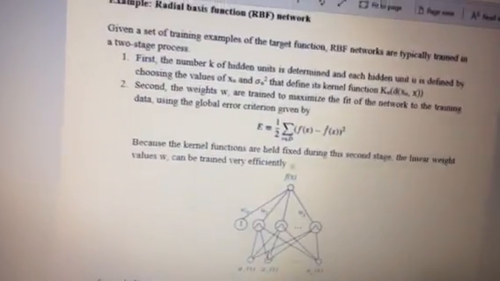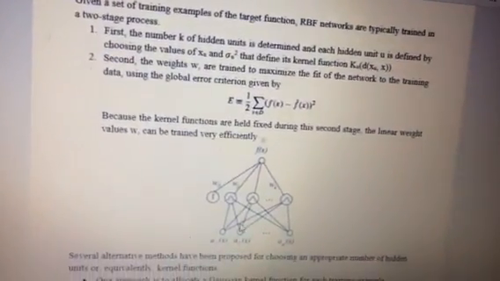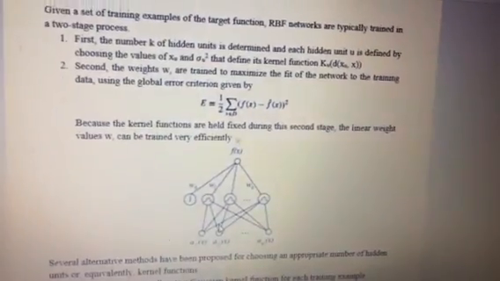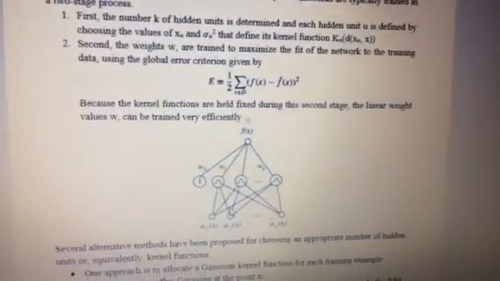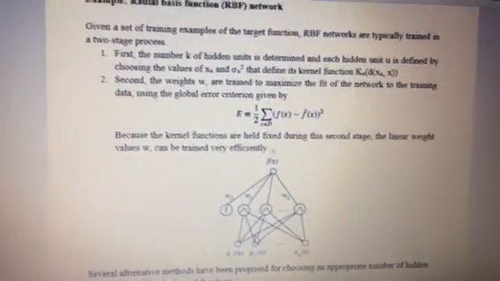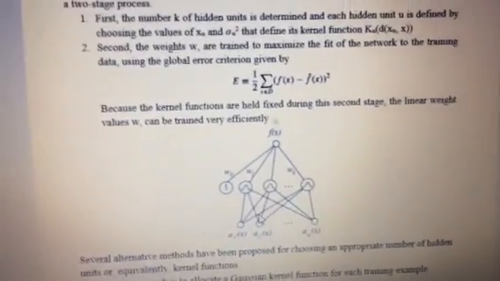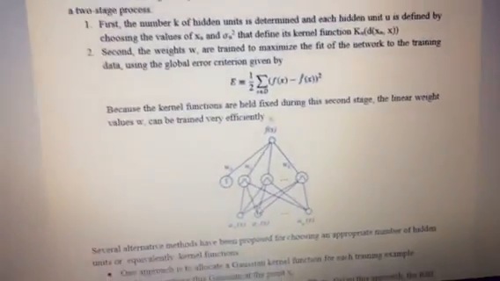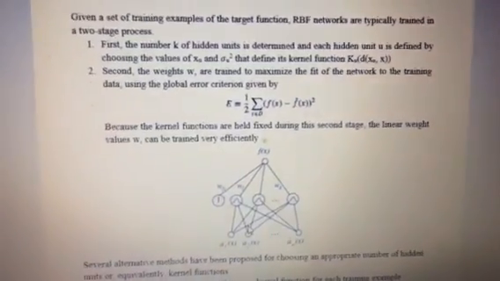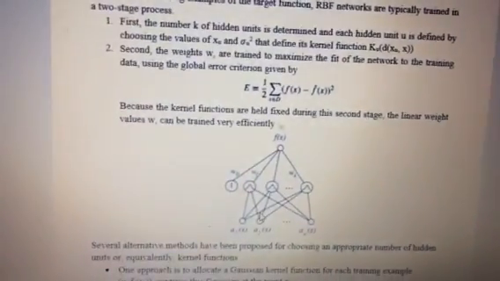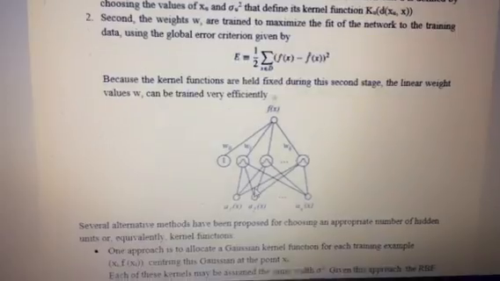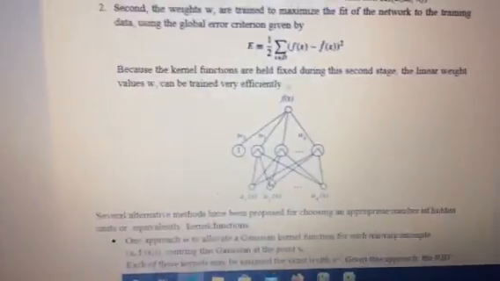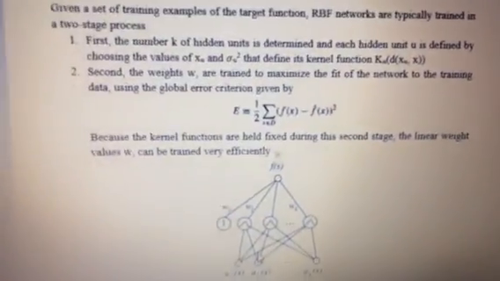As I already told, in the first layer, k hidden units are present. The K here indicates the number of kernel units that we are going to consider, and it is a user defined value. In the second layer, the weights are being assigned, in the second layer or the hidden layer, for all the K number of kernel functions that are present.